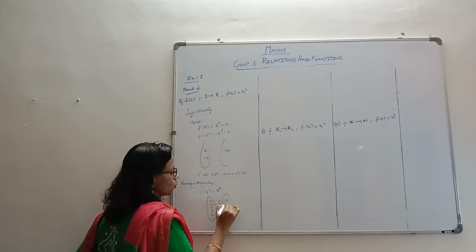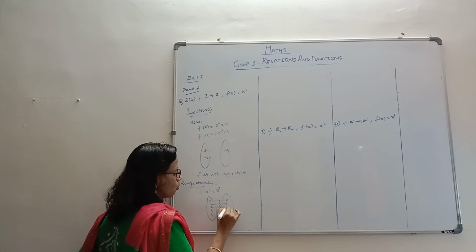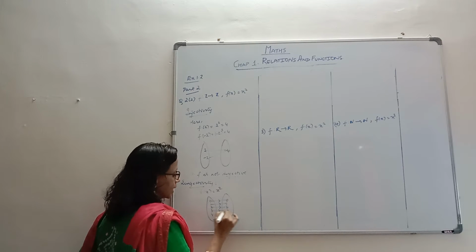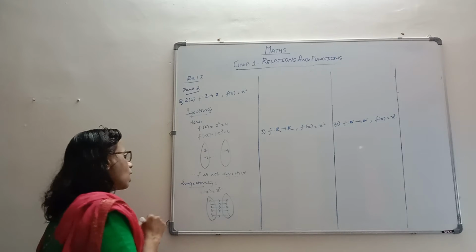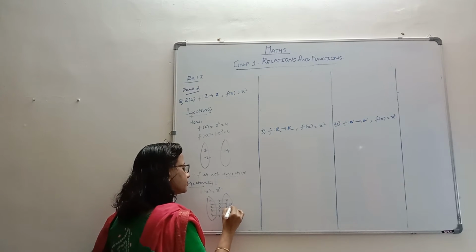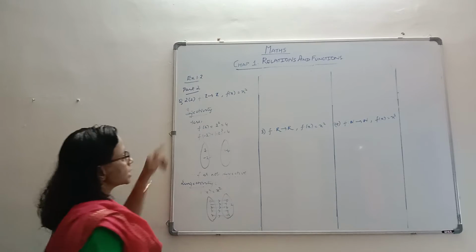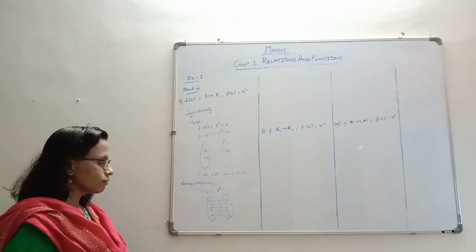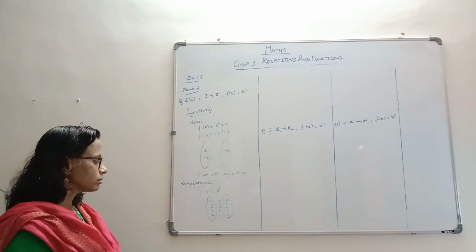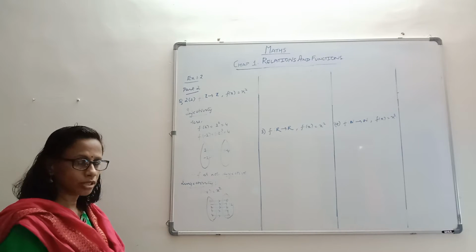So 1 will go to 1, 2 will go to 4, 3 will go to 9, 4 will go to 16 and so on. How about a 2 which is lying here? This is f from Z to Z, so this is full Z. So there's a 2 lying here. From where is that 2 coming? No idea. It's not coming from anywhere.